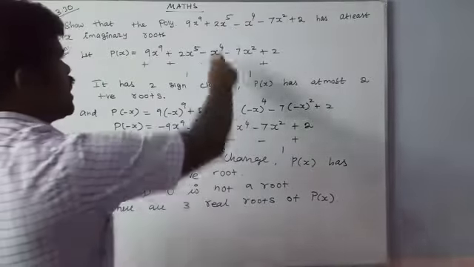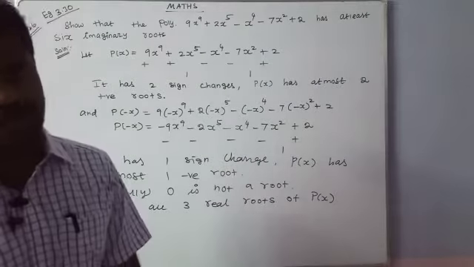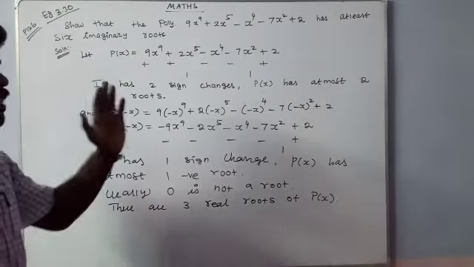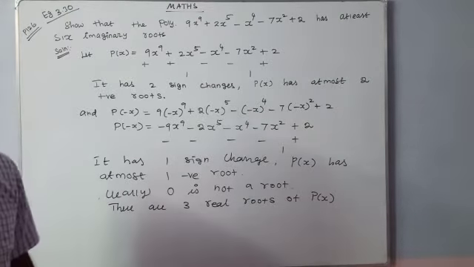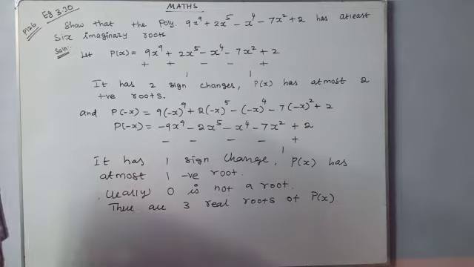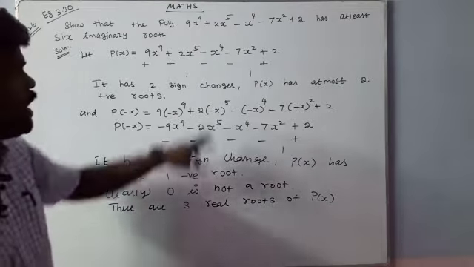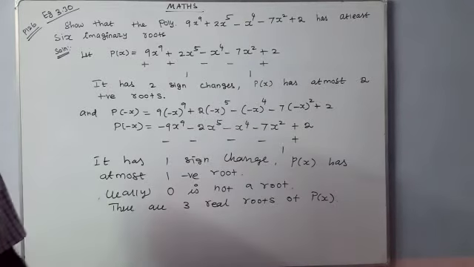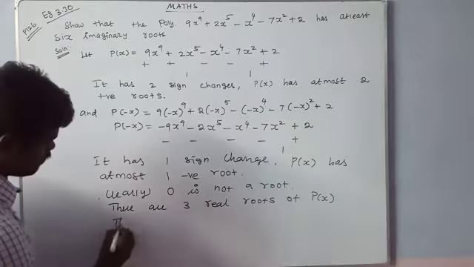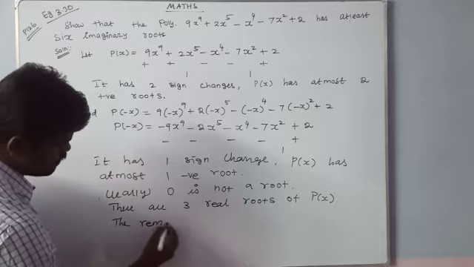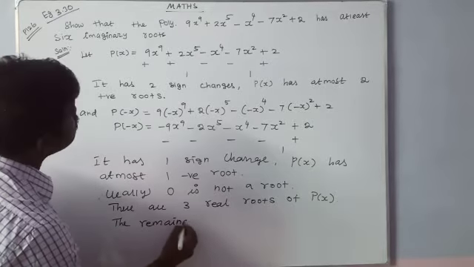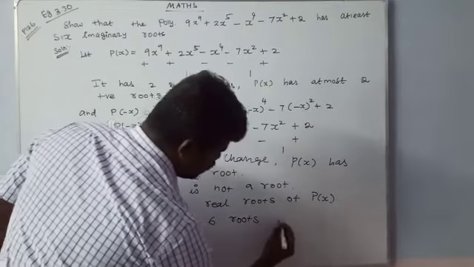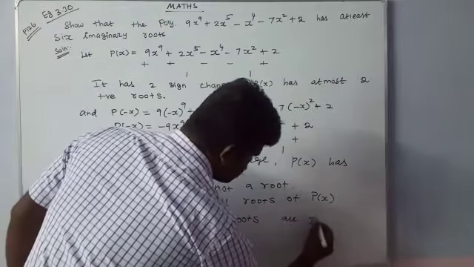Okay, this equation is a 9th degree polynomial. There are three real roots. If a 9th degree polynomial has at most three real roots, the remaining 6 roots are imaginary roots, hence proved. The remaining 6 roots are imaginary roots.